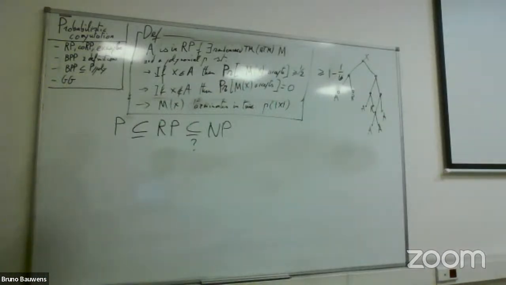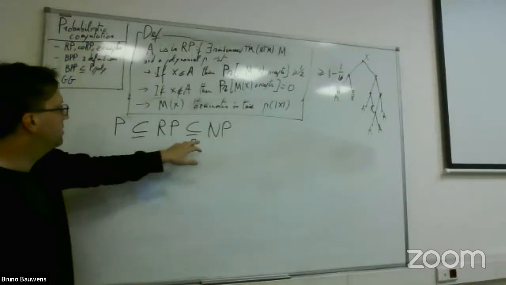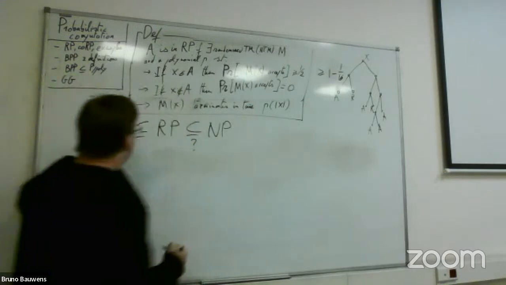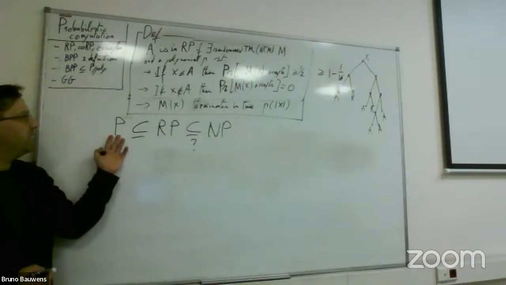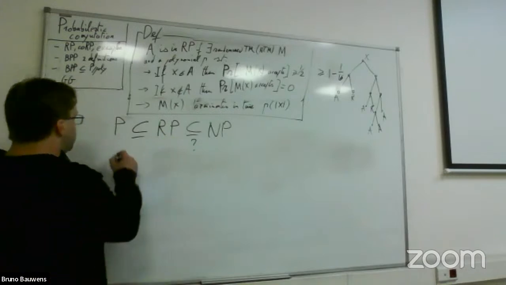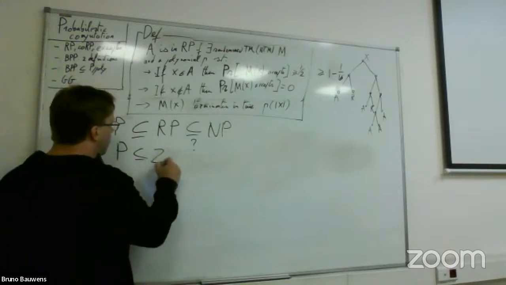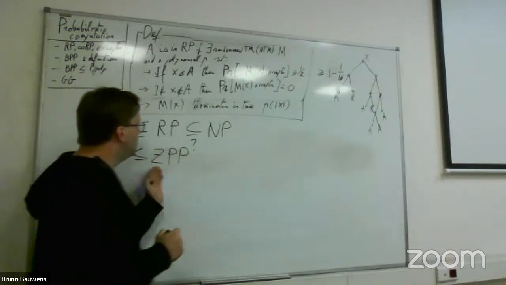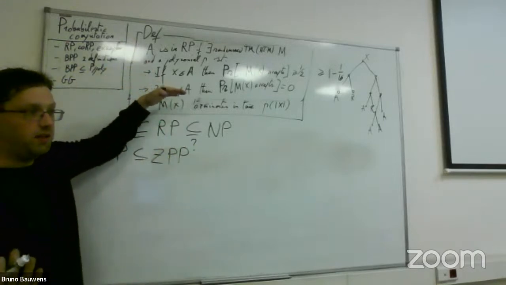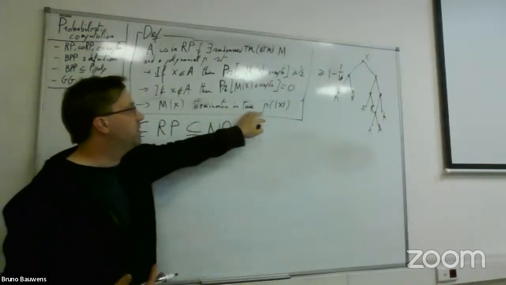So I defined RP, and co-RP consists of complements of problems in RP, with some inclusions. It's a big open question whether P is equal to RP. There exists a class ZPP, just for information, where we have a probabilistic machine that must always answer correctly, but the requirement is that the expected runtime is at most polynomial.